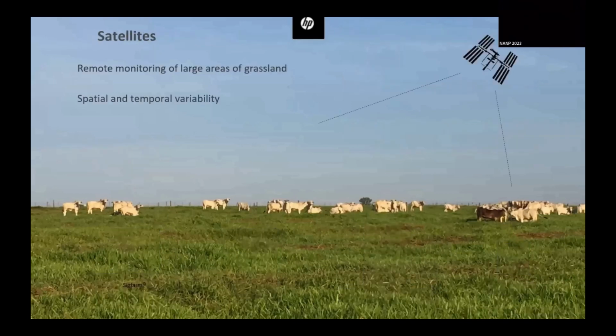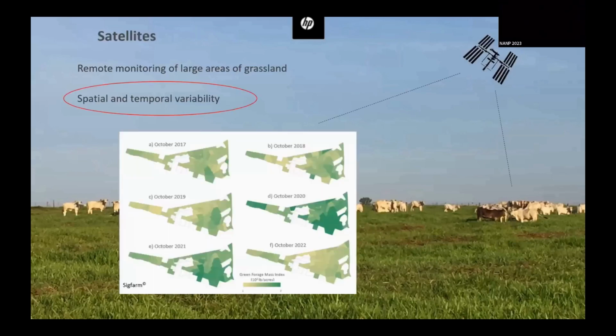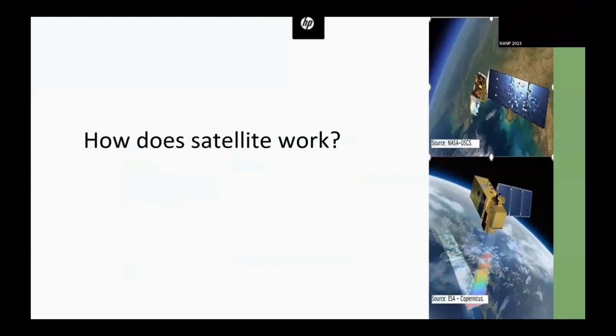So satellites emerge as a technology that we can use to monitor remotely from small to large areas of grasslands. And most importantly, satellites can assess the spatial and temporal variability of that forage production.